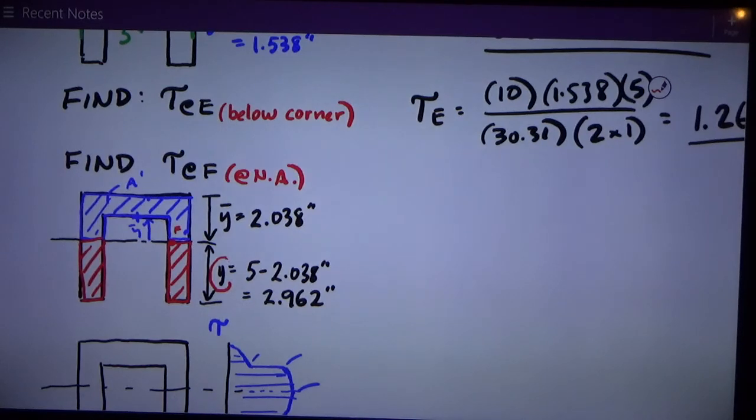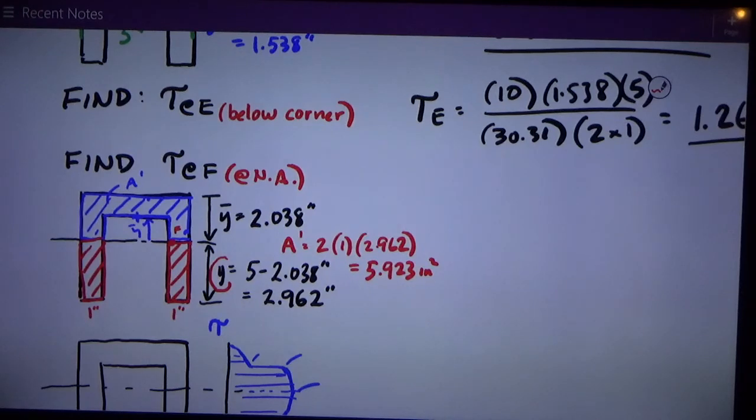So it's 2.962 inches. So that's the height of that rectangle. The rectangles are 1 inch wide, both of them. So therefore, A prime is just going to be 2, because there's two rectangles, 1 inch wide and 2.962 inches tall. So therefore, A prime is 5.923 inches squared.